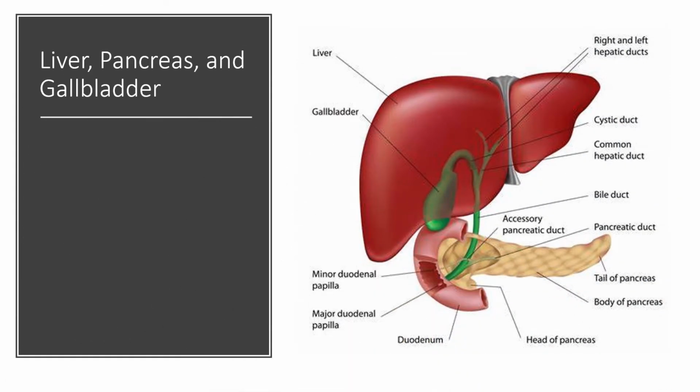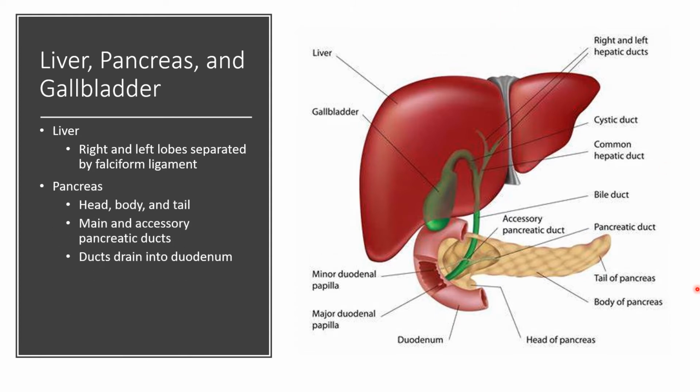Now let's talk a little bit about the liver, pancreas, and gallbladder. The liver consists of the right lobe and the left lobe, which is separated by the falciform ligament, which is this structure that I'm pointing to, this membranous structure. We have the pancreas, which lies in the C-sweep of the duodenum.